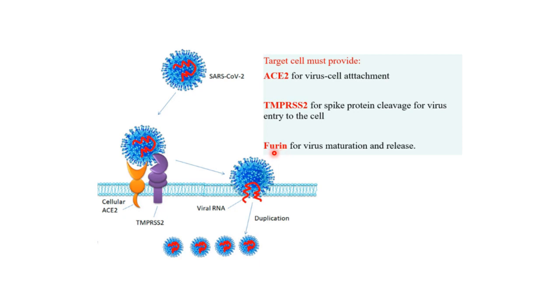And at this stage, the furin cleaves the spike protein. So the spike protein is cleaved at two sites, firstly by furin before the virus is released from the cell, and then by TMPRSS, spike protein is cleaved for virus entry to the new cell.